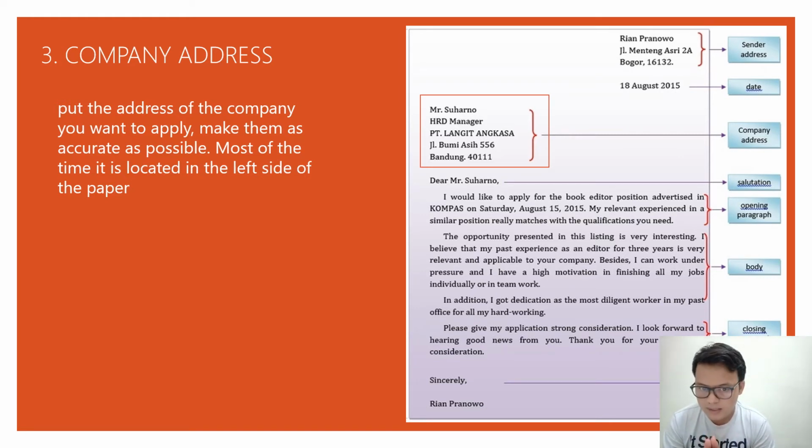Most of the time it is located on the left side of the paper, but not all the time. Sometimes people put it on the right side of the paper, right? But the key is to make it as accurate as possible, because there is an indication that can be taken from how you write the name or the address of the company.